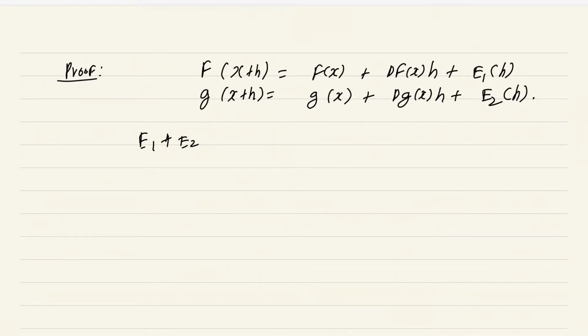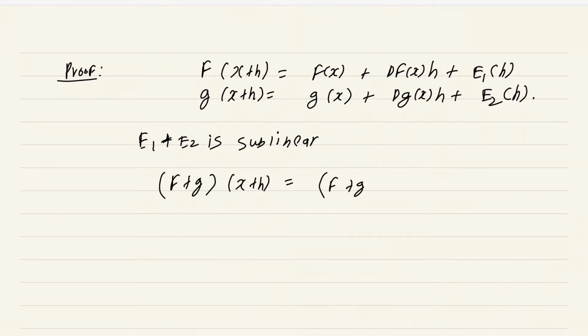The sum of two sublinear functions is going to be sublinear. So immediately we get (f plus g) of x plus h is equal to (f plus g)(x) plus (df_x plus dg_x), the whole thing acting on h, plus (e1 plus e2) of h, and we are done.